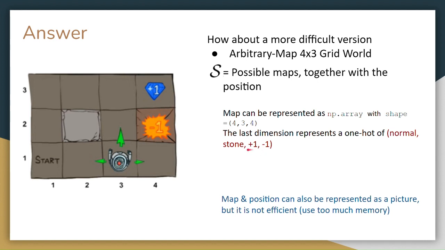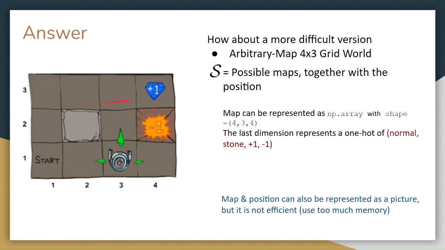Actually, this is one possible example of the state space, this numpy array together with the position. But actually, you can also send all this picture to the agent, right? All this picture can be the state observation too.